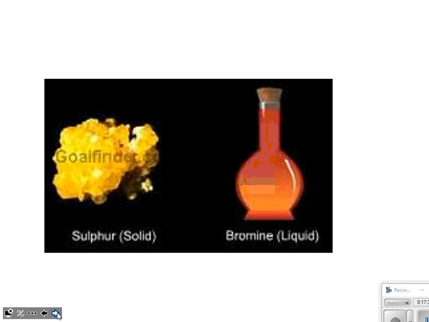To the left is sulfur. To the right is bromine. Both of which are nonmetals.